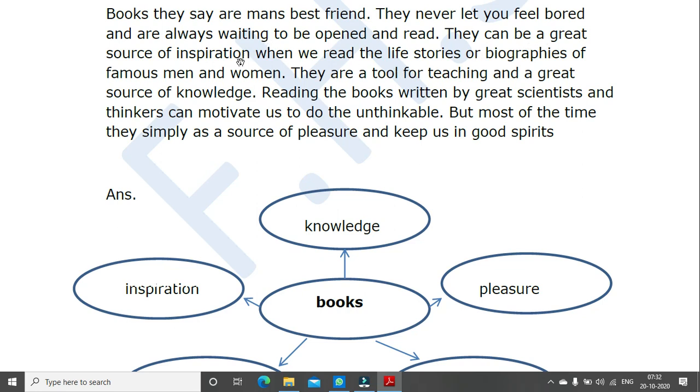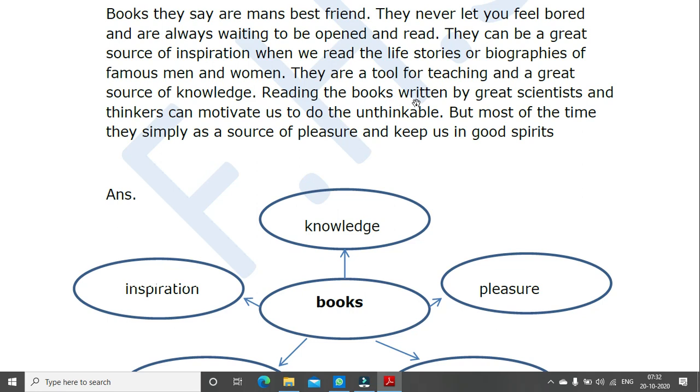Okay, so they are inspirational. And they are a tool for teaching. So here they are a tool for teaching. Second point, and a great source of knowledge. So third point, they also impart us with knowledge.